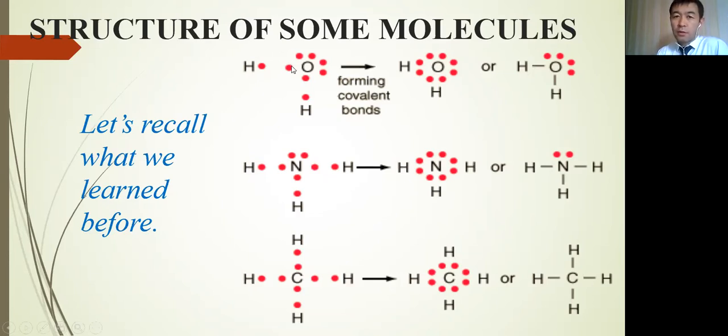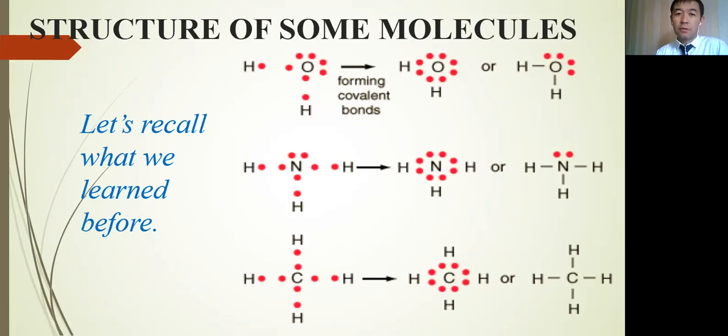Oxygen has 6 electrons in its outer shell, and it needs 2 electrons to reach 8, which is the stable state.